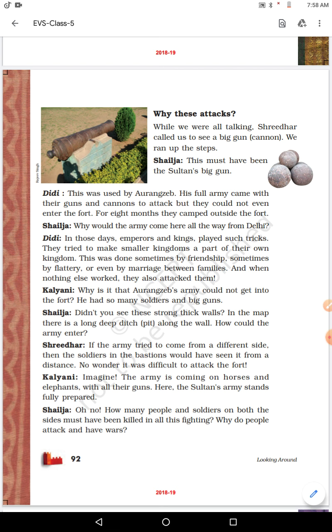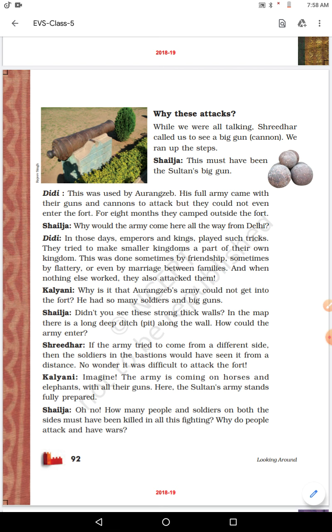And let me tell you one thing. Aurangzeb came for 8 months, and Aurangzeb is the only ruler, the only king, who won the Golconda fort. Sridhar, if the army tried to come from a different side, then the soldiers in the bastions would have seen it from a distance. No wonder it was difficult to attack the fort.